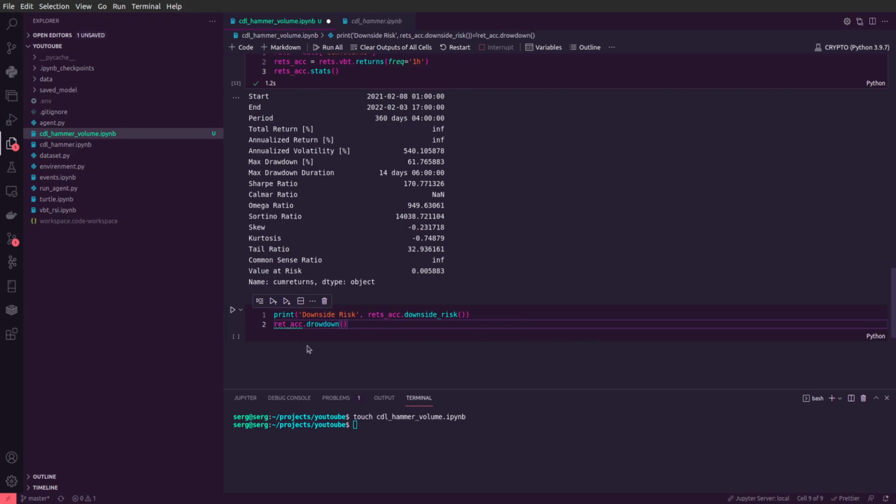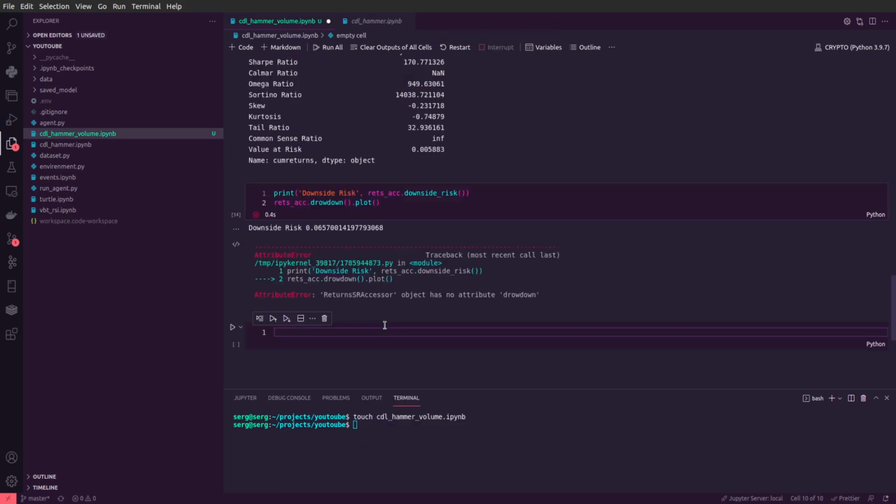So we need this data and call drawdown, and we plot this data. Let's do it. Drawdown incorrect. Downside.